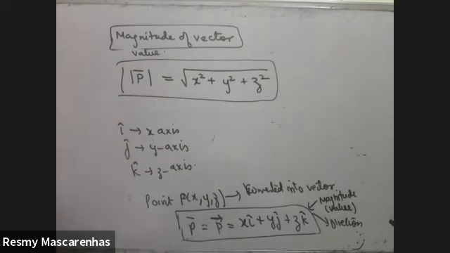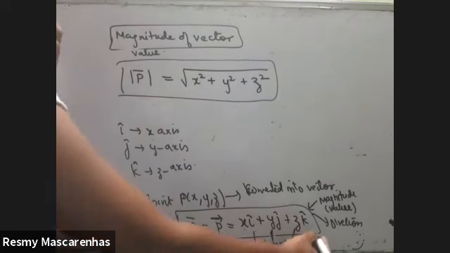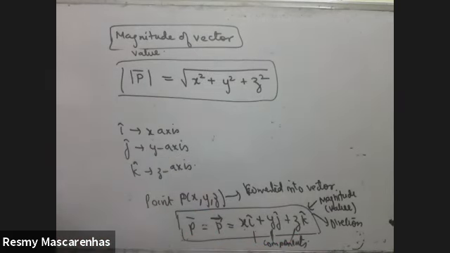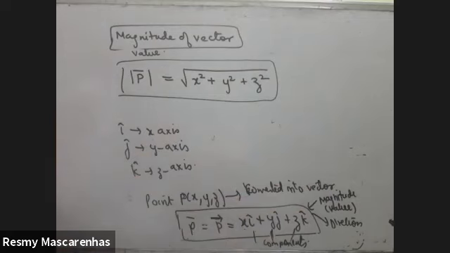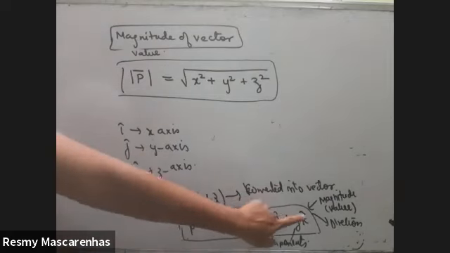Okay, and just write here and keep. These are called the components. These three, x i cap and so on, are called the components. So right now P has three components: the x component, y component, and z component.